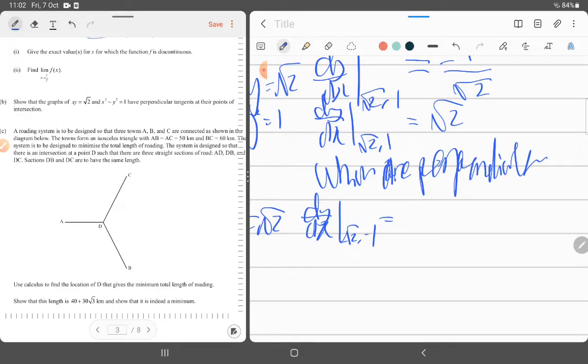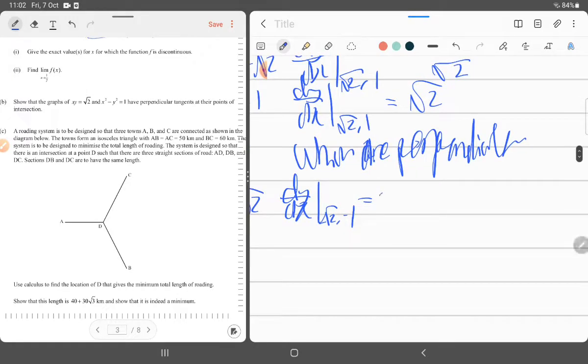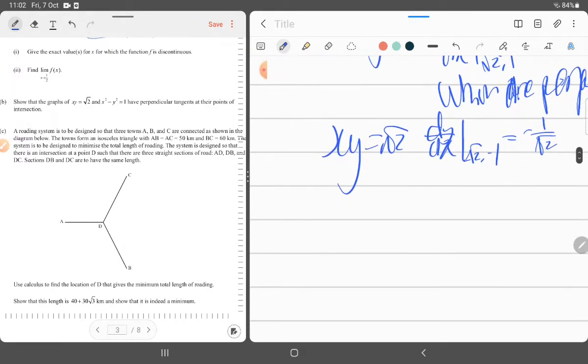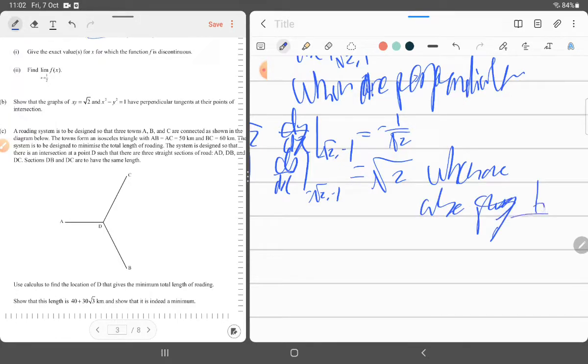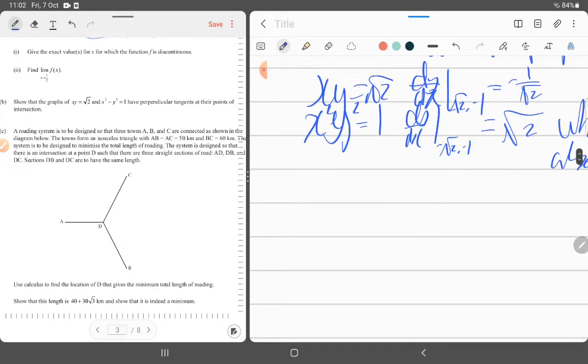Actually, no, they just cancel out, so equal to negative 1 over square root of 2, and x squared take away y squared equals 1. dy over dx at negative square root of 2, negative 1 is equal to square root of 2, which is, actually no, I think perpendicular. I can just write here, this is perpendicular.